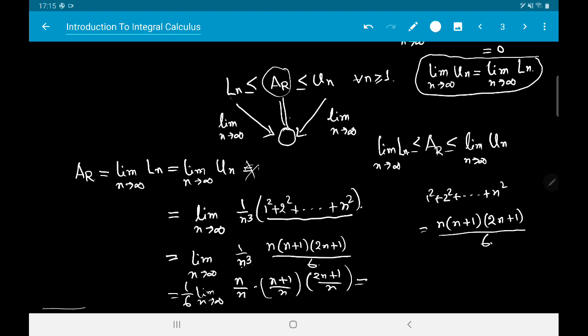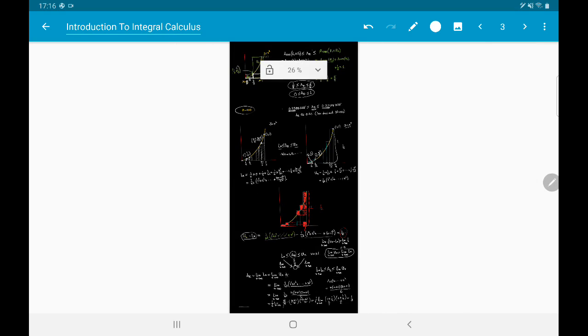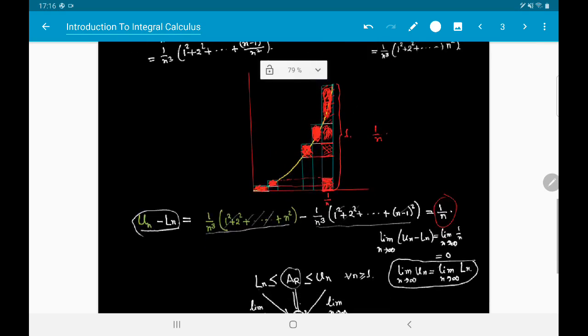Let me try to do it completely in this example. So this is going to be 1 plus 1 by n times 2 plus 1 by n, and this goes to 1, this goes to 2, and consequently the product goes to 1 over 3. So this is the area of the region that we were interested in.